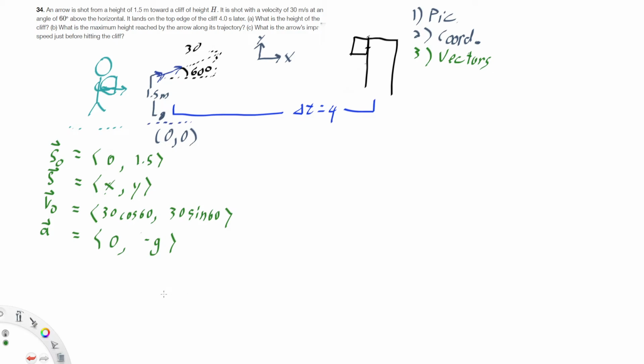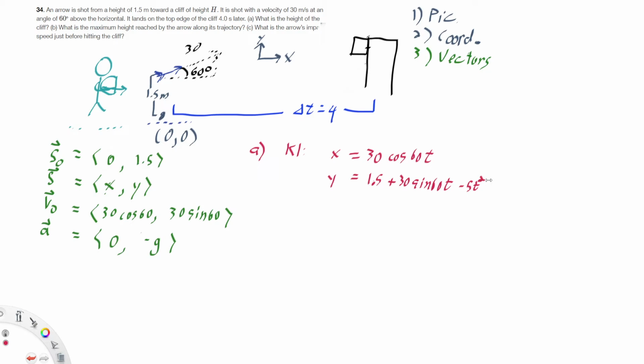B, we have to be a little clever. So A is kind of the easy part. We use kinematic 1, and we write down, x equals 30 cosine 60t, and y equals 1.5 plus 30 sine 60t minus 5t squared.